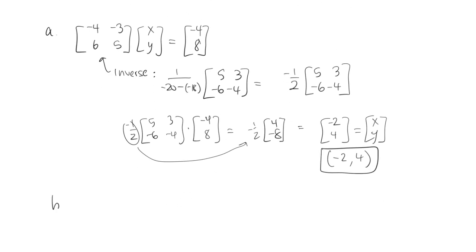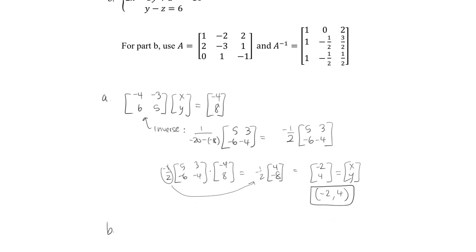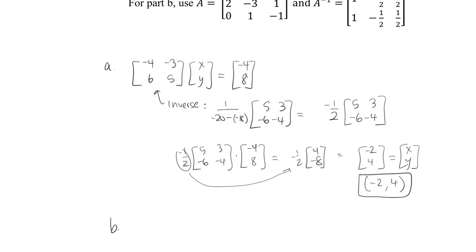For part B, we need the matrix equation. And it gives us the inverse already in part B, which is nice. We don't have to find the inverse of a 3 by 3 matrix because that takes a long time.